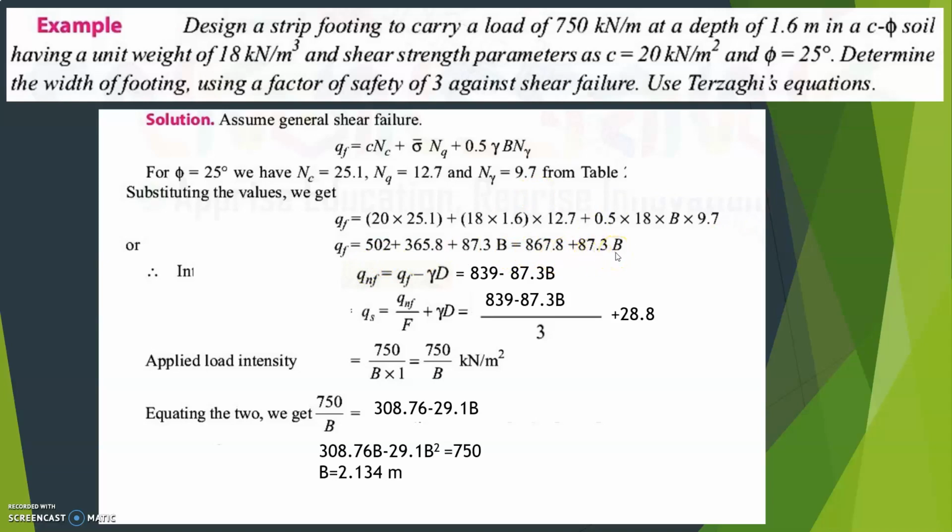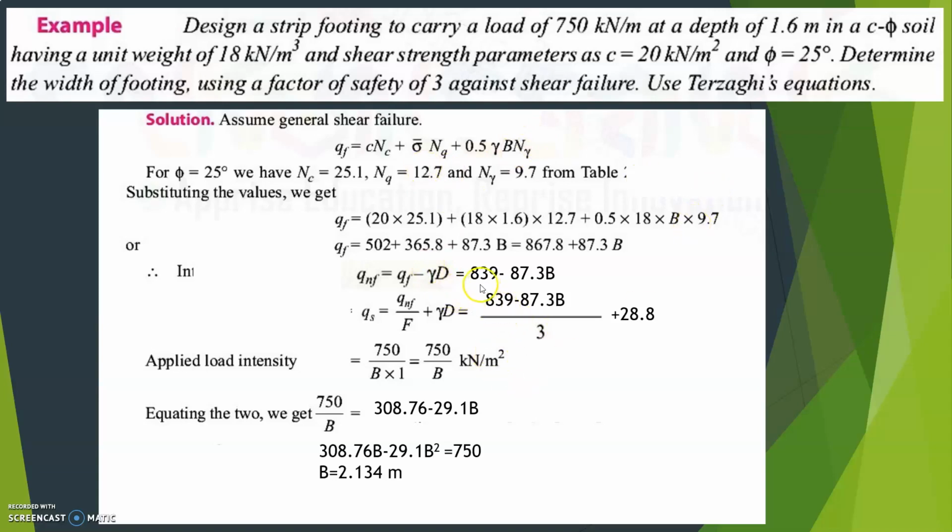Next, you have to calculate net ultimate bearing capacity. That is nothing but QF minus gamma D. So QF is 867.8 plus 87.3 B minus gamma D, that is 18 into 1.6.